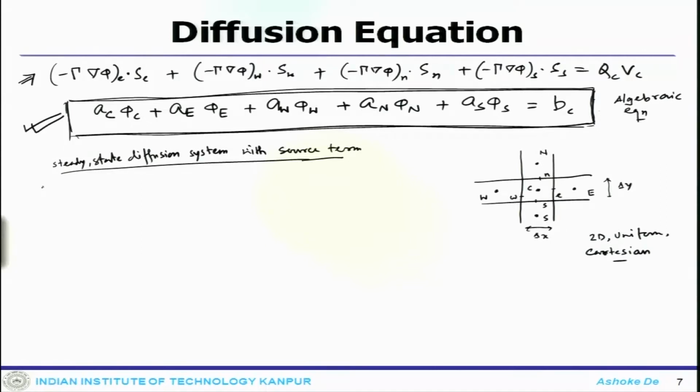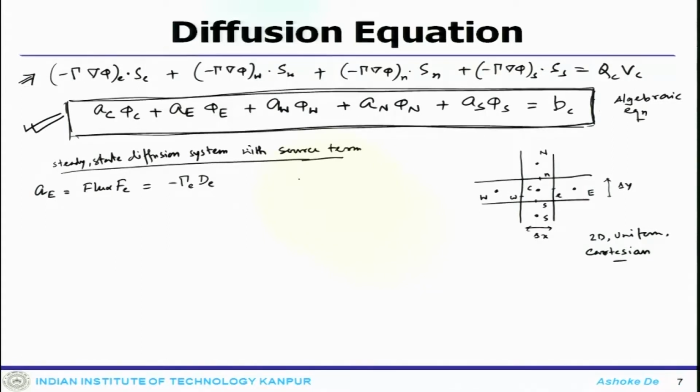How are they obtained? A E is essentially your flux F E, that is minus gamma E D E, and what is D E?